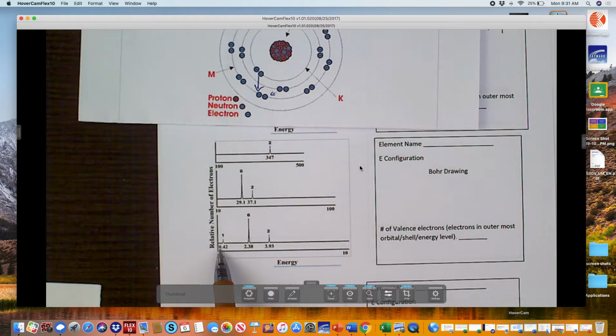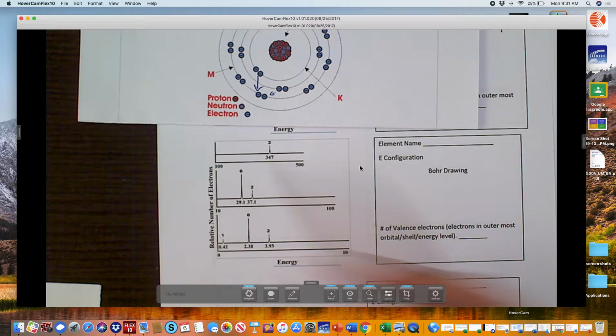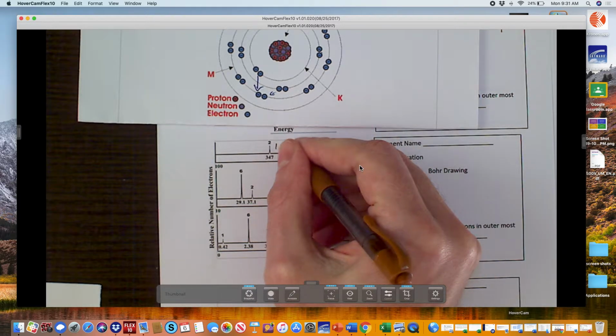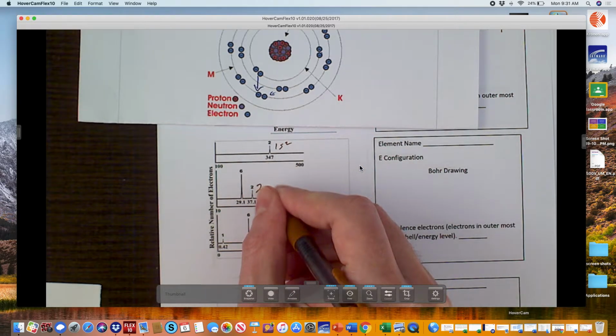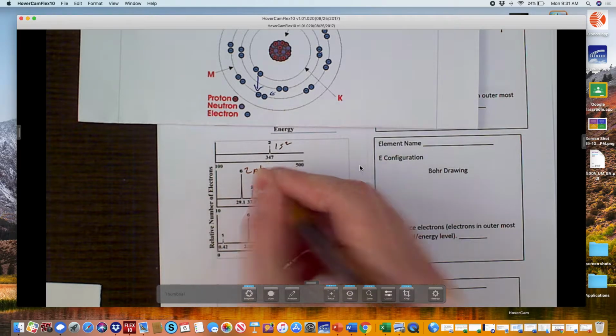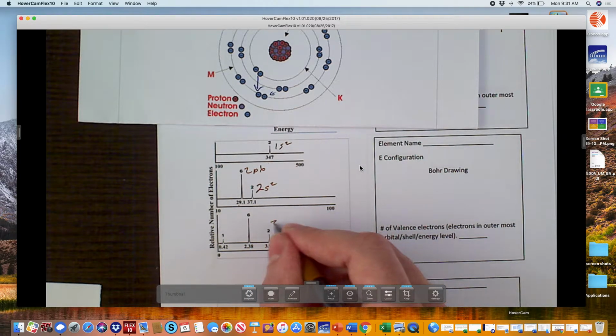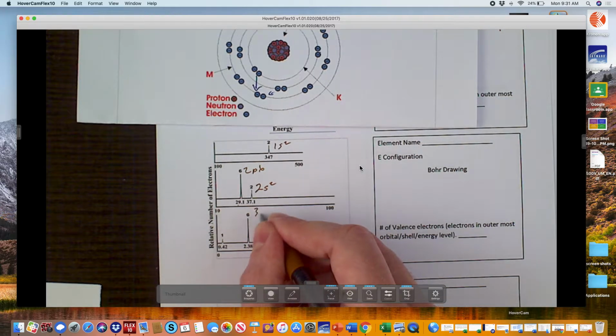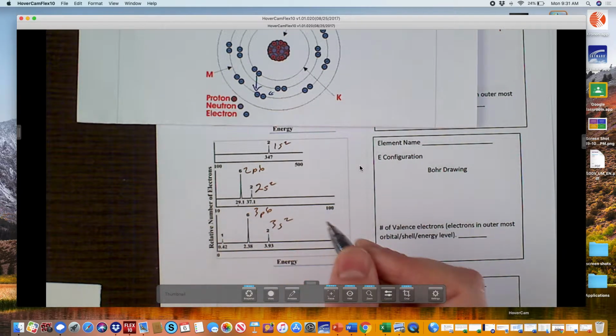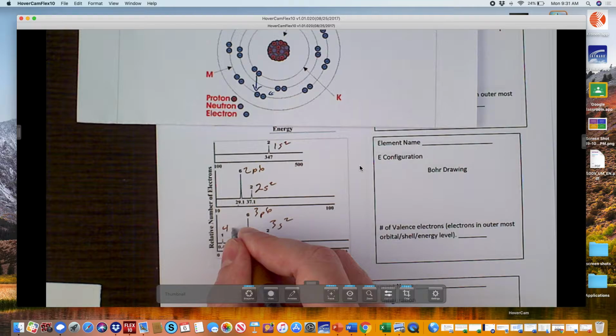Those are going to be my outer ones. 347, that's my 1s2. So 1s2, 2s2, 2p6. I'm just going backwards. The p is going to be less tightly held than the s's. And then 3s2, 3p6, and 4s1.